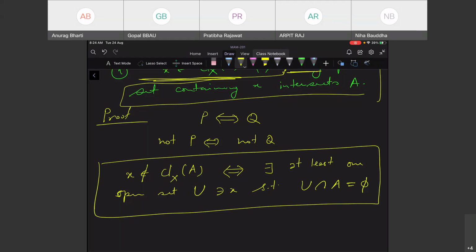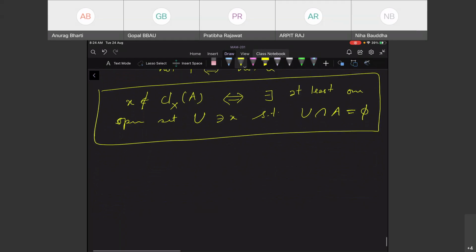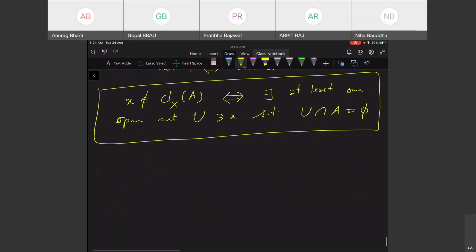No, sir. Okay. So now we assume that x is not in this, and we will show that there exists at least one open set which is disjoint from A. This is very easy. How?